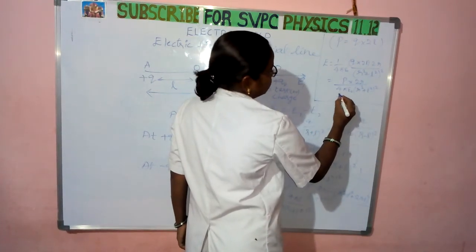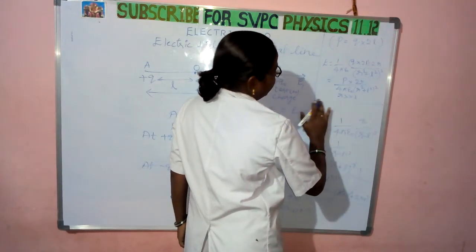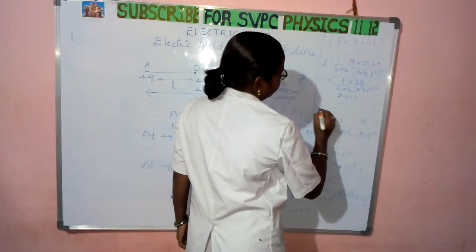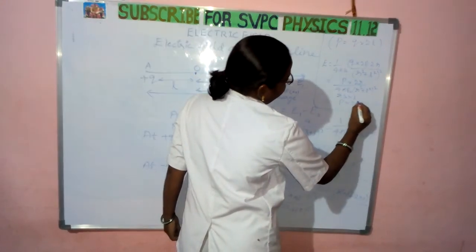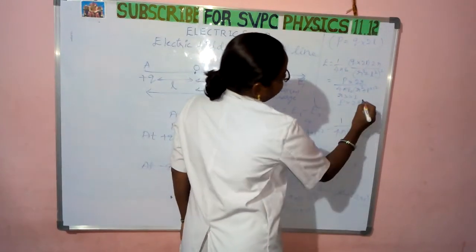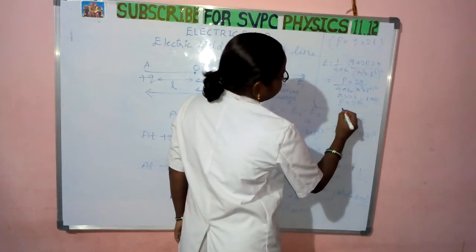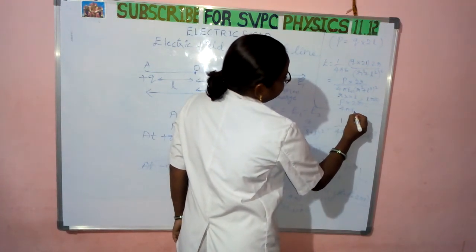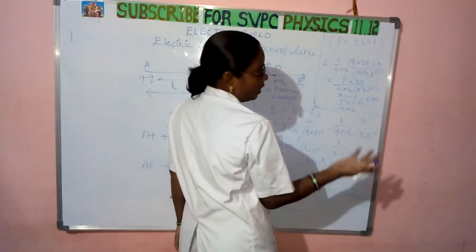If in case R is very much greater than L, then what happens? In this equation P into 2R, this L is neglected, meaning L becomes nearly equal to 0. In that case, 4 pi epsilon naught times R square plus 0 square, which is R square only.